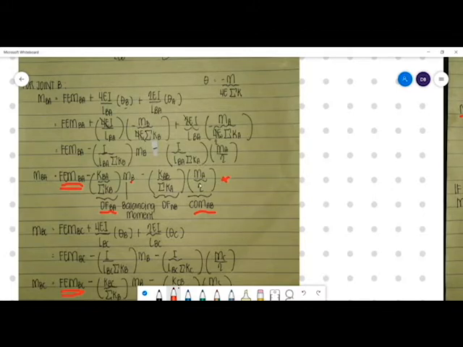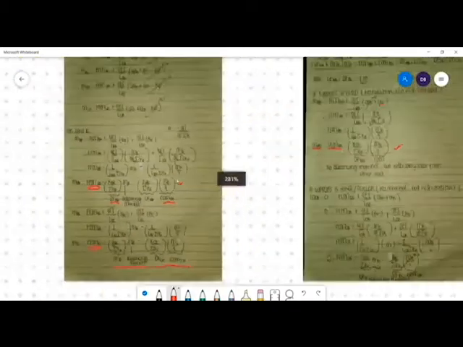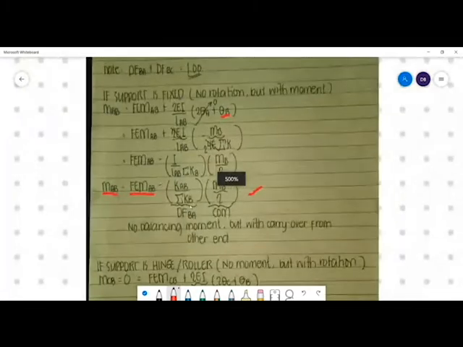So walang ipapasa na moment si A papunta kay B. Pero si B, merong ipapasang moment papunta kay A. Sa M sub AB, merong yung moment galing kay B, merong mapupunta kay A. Okay? May reaction kay A. Samantalang si B naman, walang reaction galing kay A.